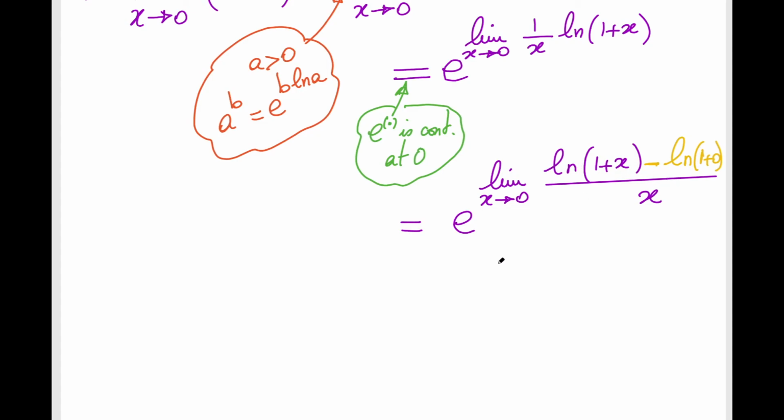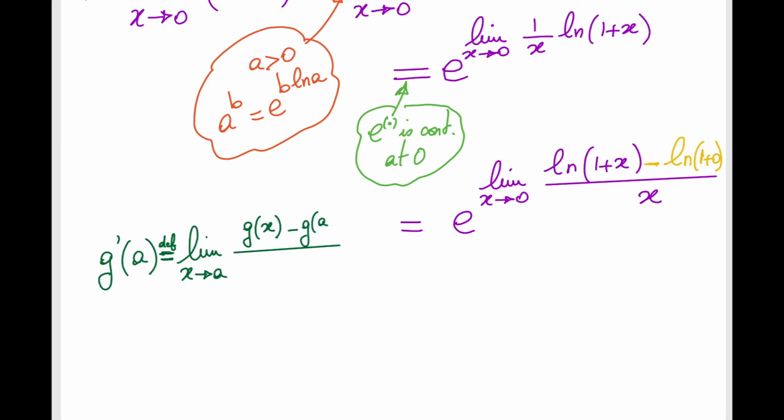What is that? Look, let me take you back to the definition: if you have a function g, what's g prime at a? Isn't it the limit as x goes to a of g of x minus g of a divided by x minus a, right?